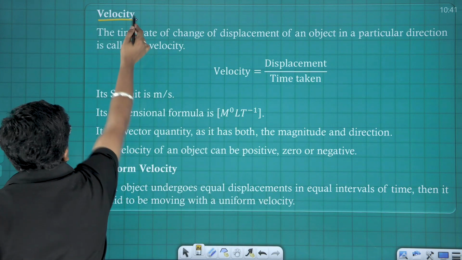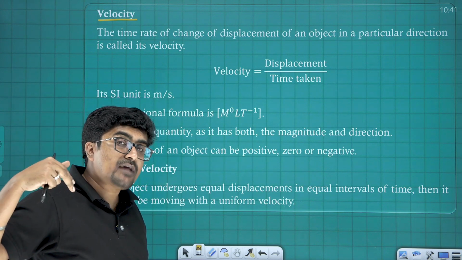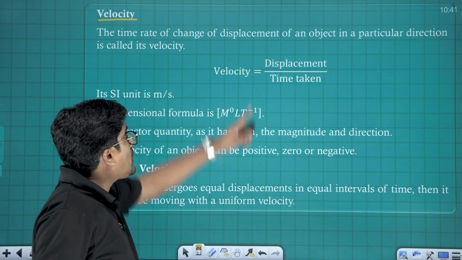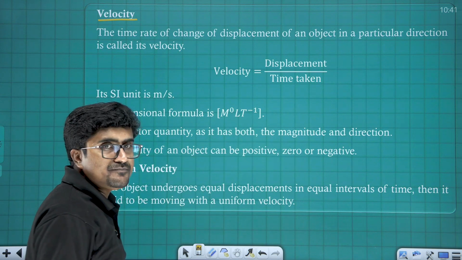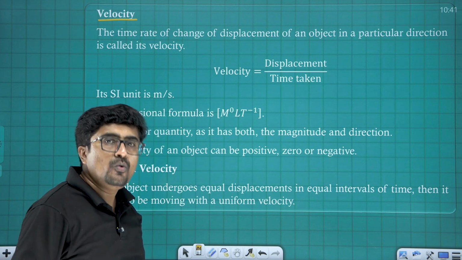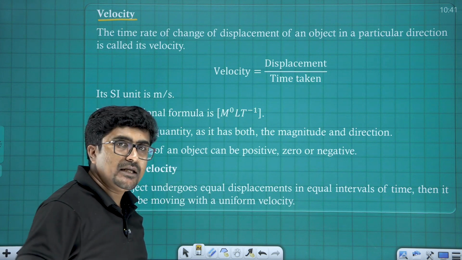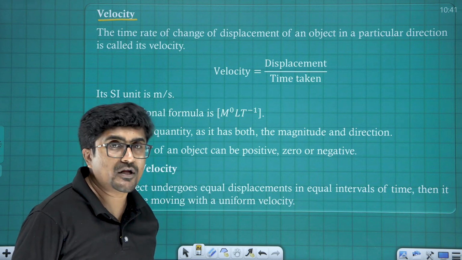Next is velocity. If total distance upon total time taken was the average speed, total displacement upon total time taken is going to be the average velocity. Displacement can be 0 as well as positive and negative, so average velocity can be positive, negative as well as 0 for a body in motion.